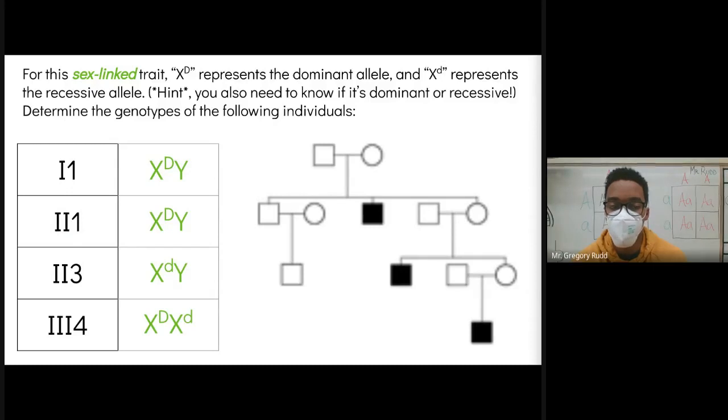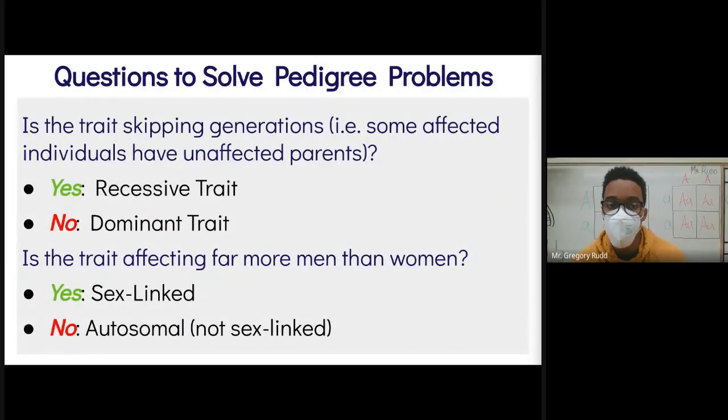Really what you need to be able to do is look at the pedigree and determine if it's dominant or recessive. The question you have to ask yourself to do that is, is the trait skipping generations? If the answer is yes, then it's a recessive trait. If the answer is no, then it's a dominant trait. The second question you need to ask yourself is, is the trait affecting more males than females?